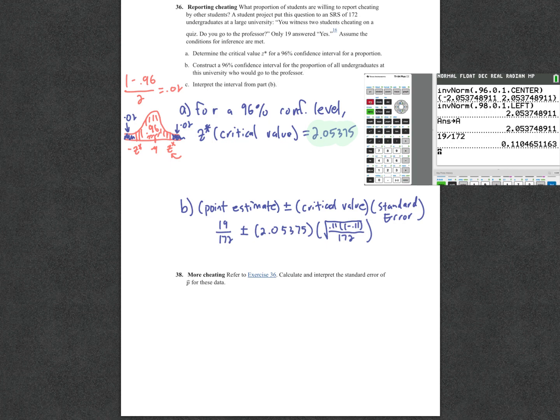So we're constructing our confidence interval. We'll do the standard error first, using the exact value, and then we can do 1 minus that same value.